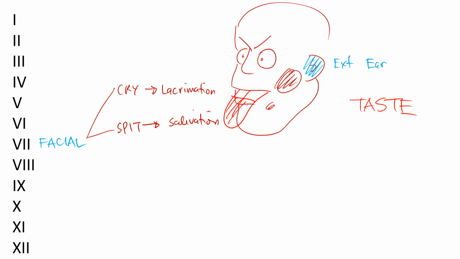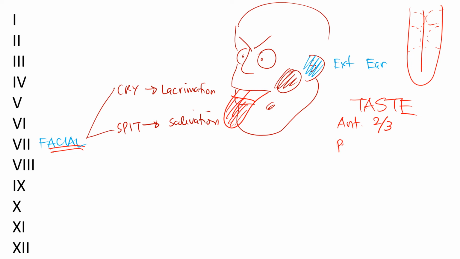Anterior two-thirds is facial. Anterior two-thirds of the tongue, facial. Of course, if you look at your Guyton, you have areas where you could feel sweetness, bitterness, saltiness, and whatever else. But the anterior two-thirds sensory of your tongue is due to your facial nerve.